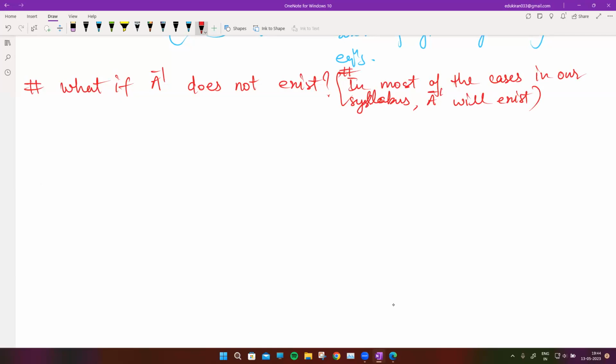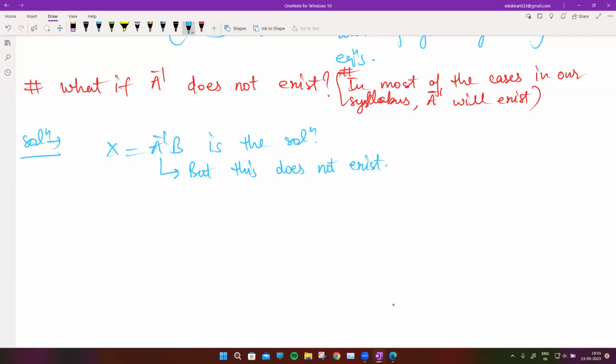But what if A inverse does not exist? Then we will have to go through the equation again. We do know that X is equal to A inverse B is the solution, right? But we are saying that A inverse does not exist.